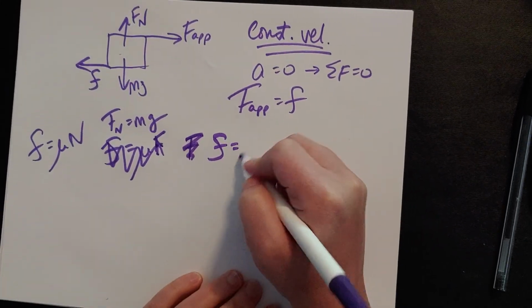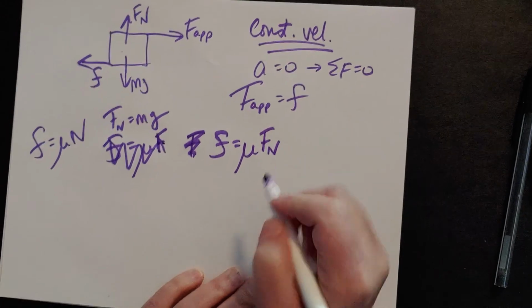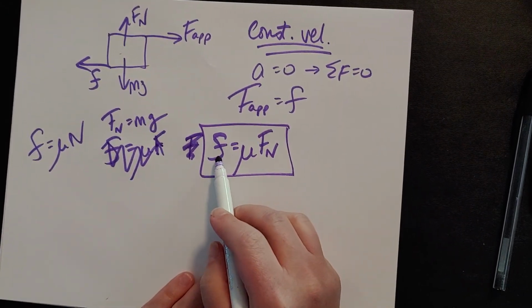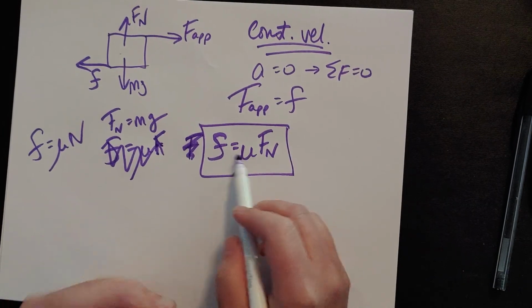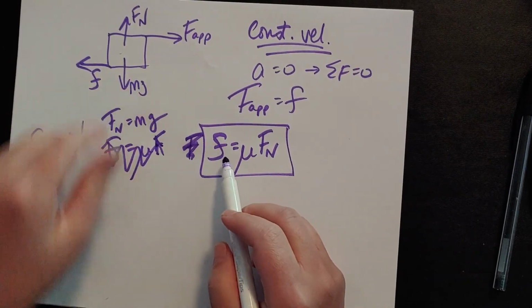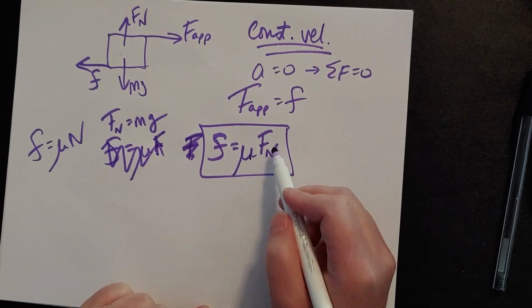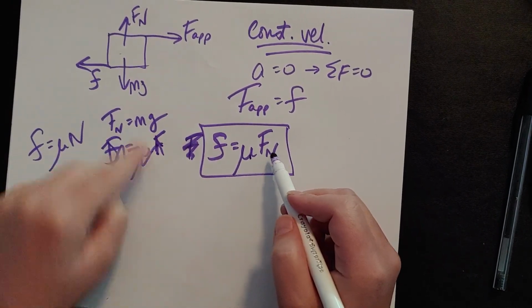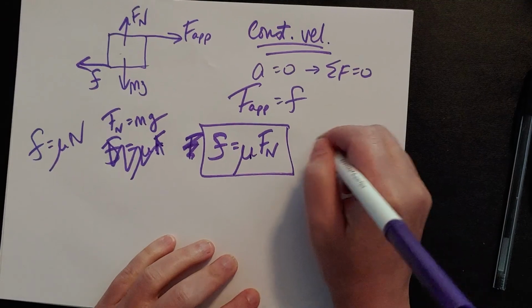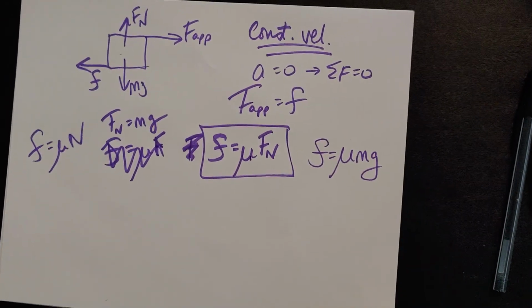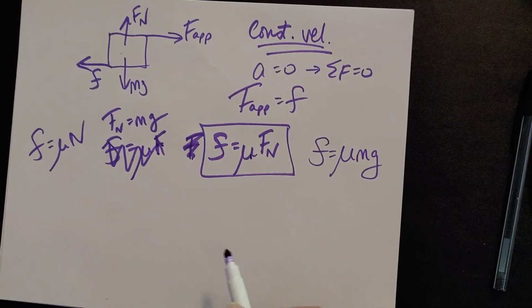You're just going to watch me screw up. Okay. That's friction. This is going to be kinetic friction in this case. And that's the coefficient of kinetic friction, and that's the normal force. In this case, the normal force is mg. So μmg comes up a lot. So you'll see that.